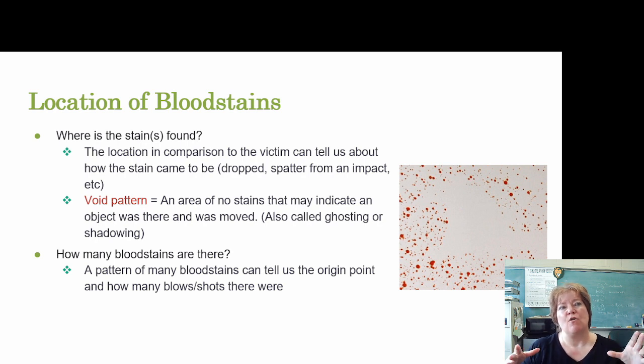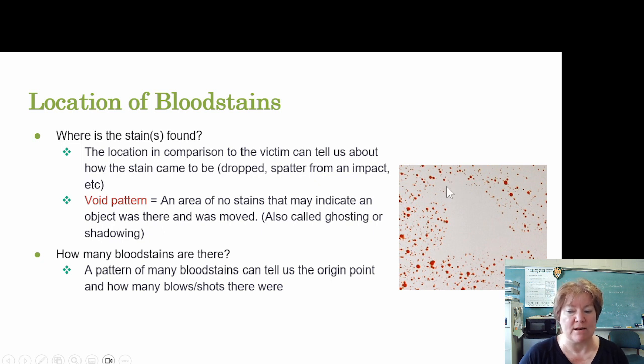So now I have the overall location, and this is the location not of one, but of the collection. I can see a couple of patterns. One is I may see a void pattern. It's really easy in this picture to see what we mean. There's an area where there is no blood.